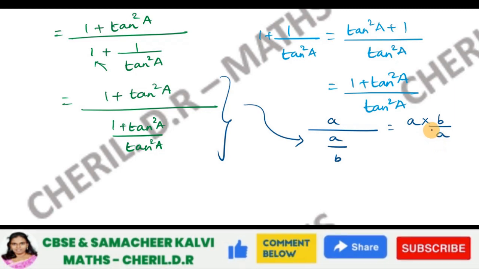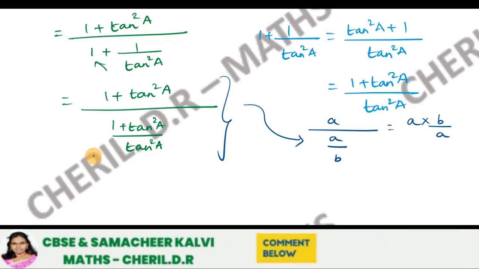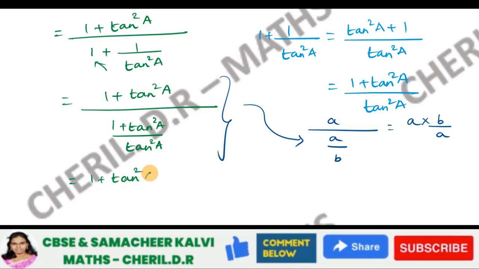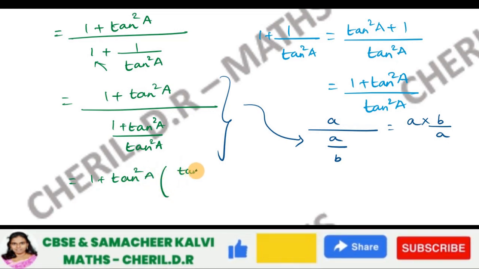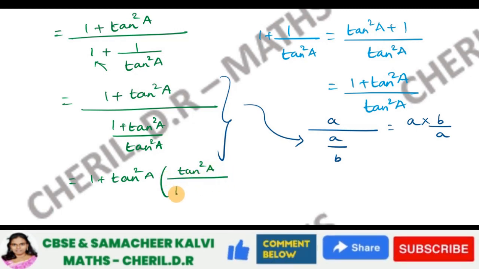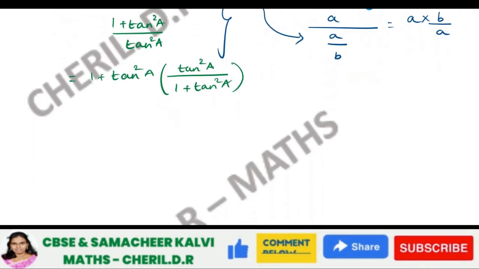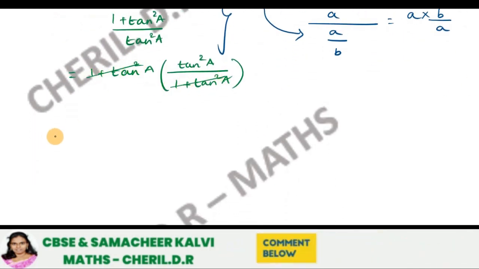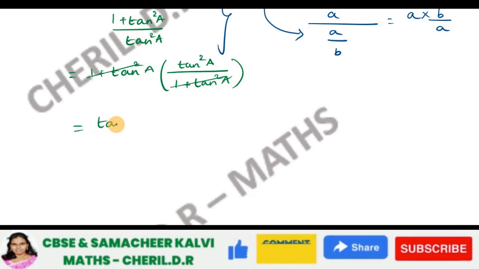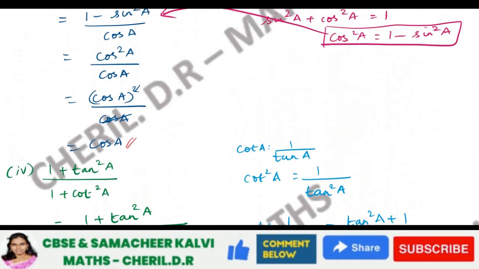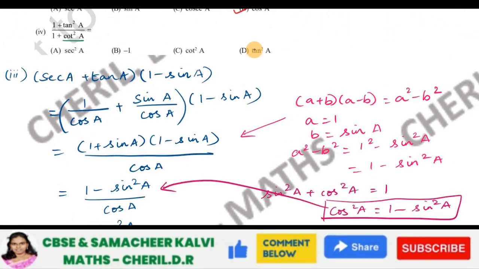Am I right? Yes. So likewise, we are going to change for this also. So what will I get now? I'll get it as 1 plus tan square A into tan square A divided by 1 plus tan square A. So now 1 plus tan square A and 1 plus tan square A will get cancelled, finally giving me the answer tan square A. So now this will be my answer, that is tan square A. Now let's go into the question and check if we have that option.